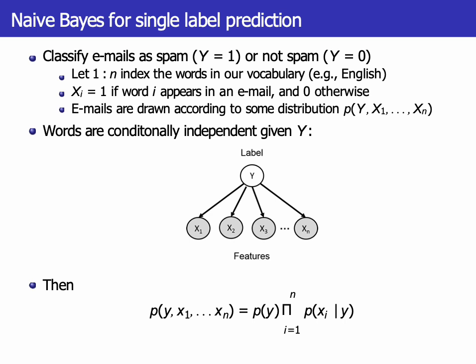Naive Bayes model for single-label predictions. So let us now think about classifying emails as spam or not spam: y equal 1, y equal 0. Let 1 to n index the words in our vocabulary.